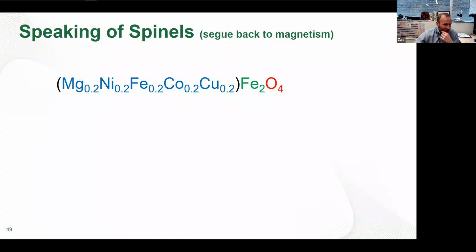Depending on how we grow it and what substrate we're on, you can control a little bit of that inversion. Your ferrimagnetism turns on at different temperatures, and you get a crossing point where one sublattice is maxed out in moment, and as you come down, the other sublattice picks up moment, giving a crossover in your magnetization. I agree, the spinels are a wide open area, because the magnetism there is insanely interesting and complex.